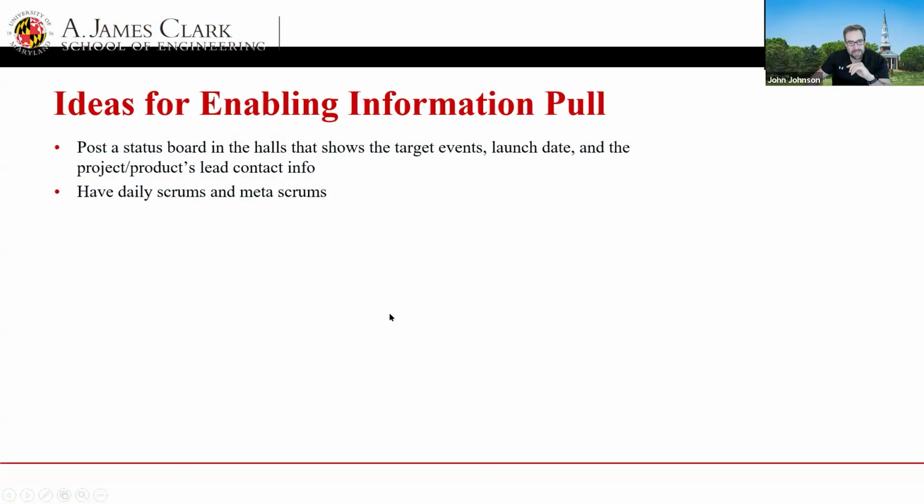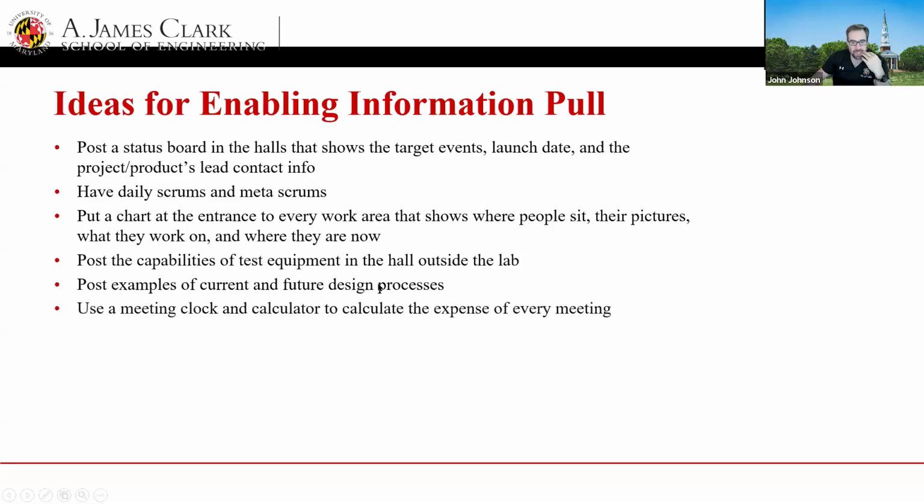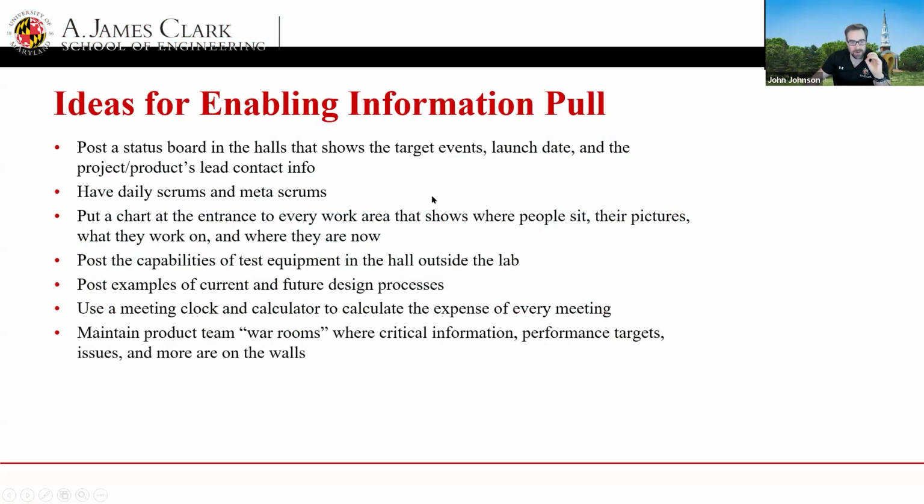There are lots of ways that we can also ensure that teams are able to get the information that they need, and this is through having regular scrums to reduce other meetings, and meta scrums. We can use charts on the walls. We can post capabilities of test equipment in the hall outside of a lab. We can put examples of current and future designs that are in process.